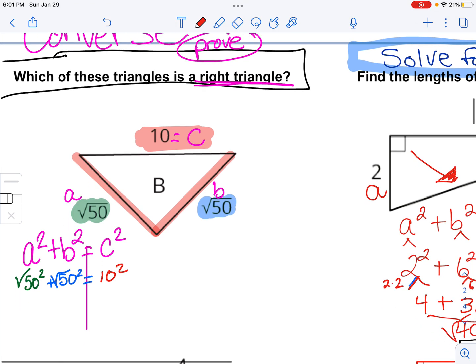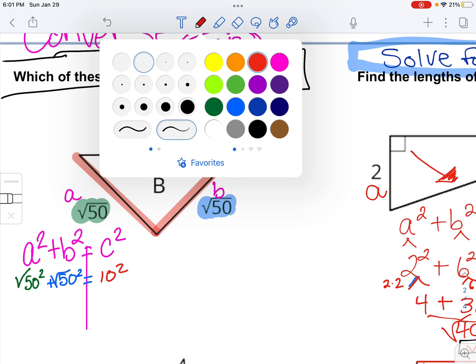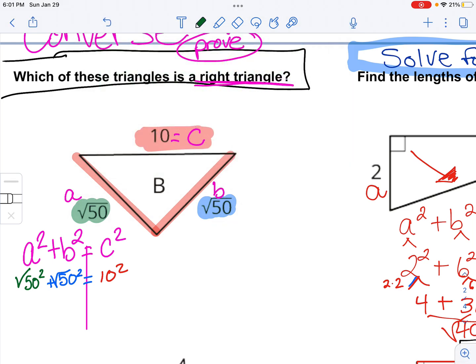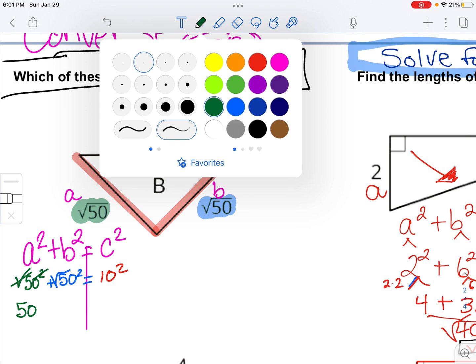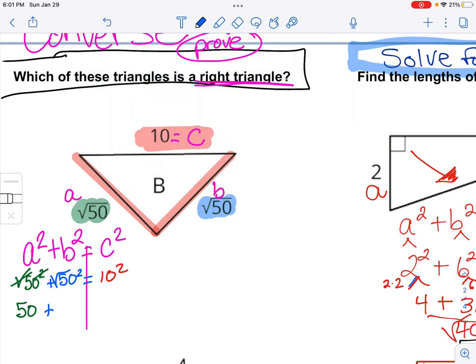So now I go ahead and I start solving. Square root of 50 squared, remember, those cancel and just becomes 50. So then I have 50 plus another 50. And then does this equal what 10 squared is? 10 squared is 10 times 10. That's 100. 50 plus 50 is 100.